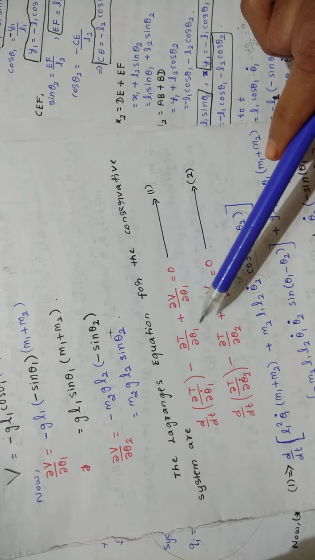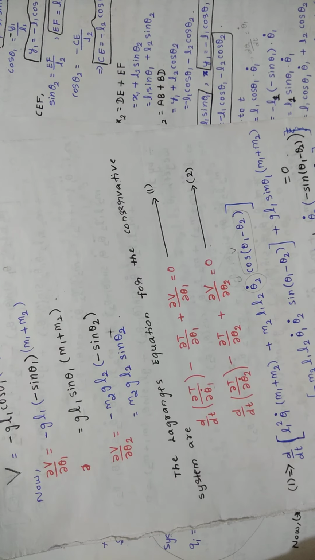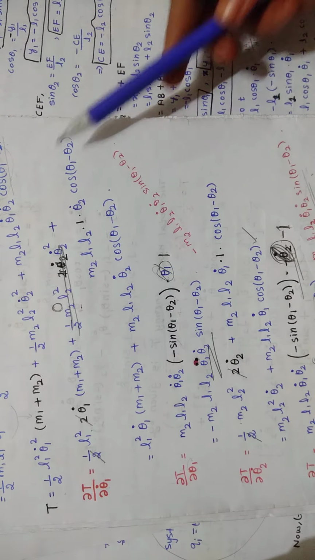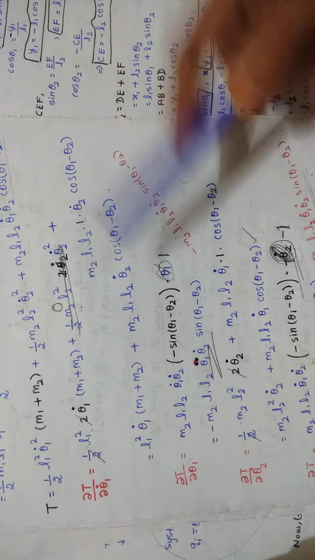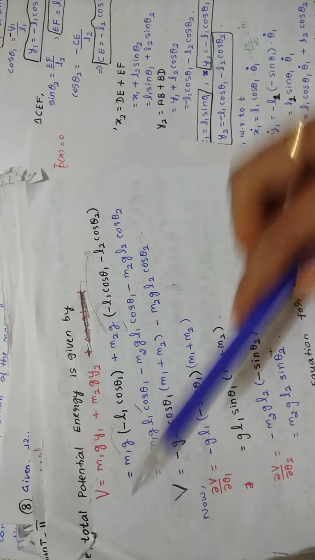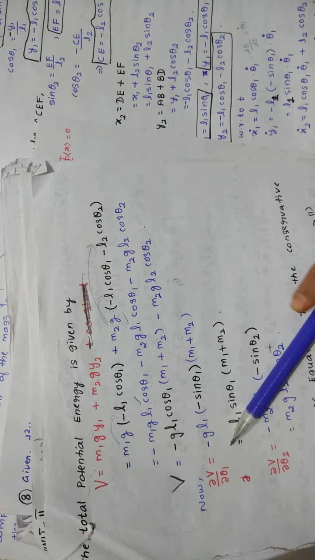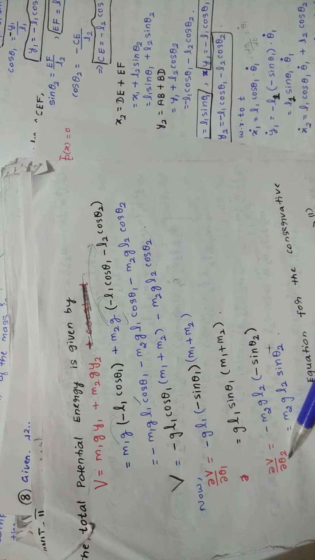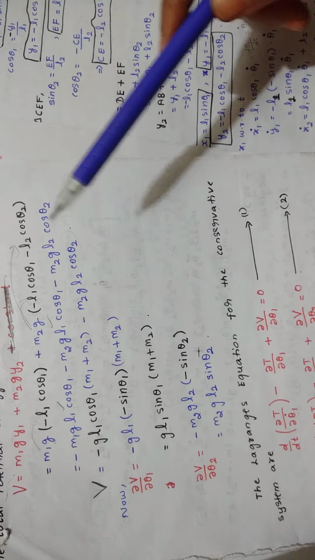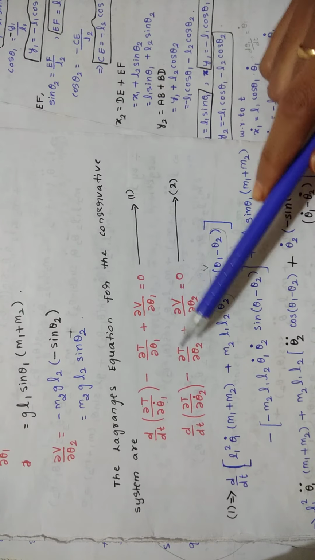The reason for finding the value of T, and using the value of T we found all these values, and then you used the formula of total potential energy and found the value of capital V, and dou V by dou theta 1, dou V by dou theta 2, all these, is just because you need all these values to substitute in Lagrange's equation.